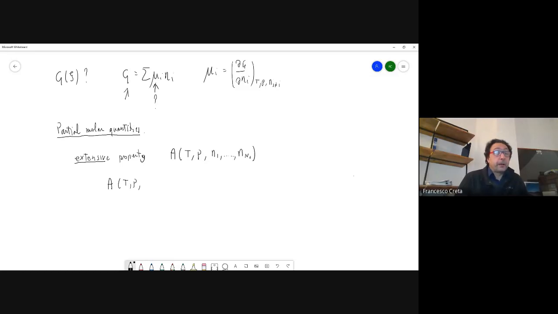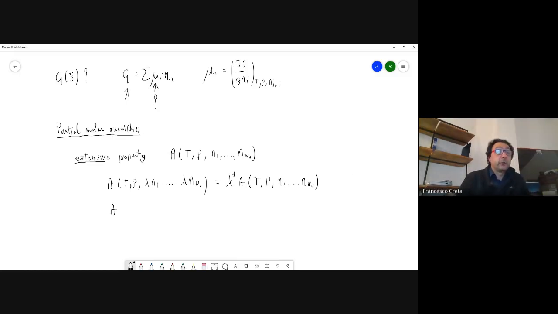Let's again remind ourselves that if we multiply by a factor lambda, the factor can be taken out with the power of 1. And that essentially means that it's additive over constituent subsystems. So it's extensive. That's the definition of an extensive function, or homogeneous first order function.